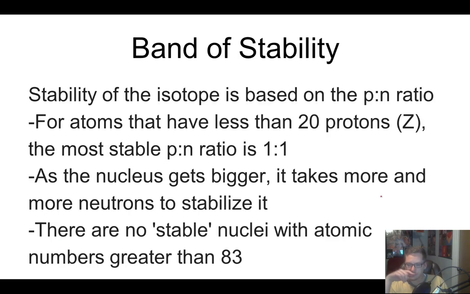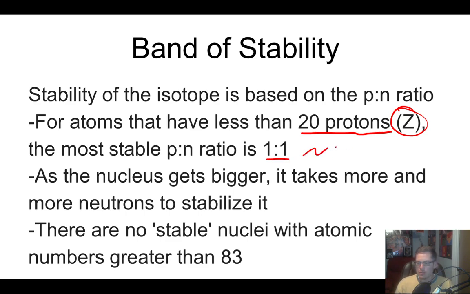Stability of the isotope is based on proton to neutron ratio. If you have less than 20 protons, and you should get used to this: when you see the capital letter Z, that implies protons. When you have 20 protons or less, the most stable proton to neutron ratio is 1 to 1. Add this line to your notes.